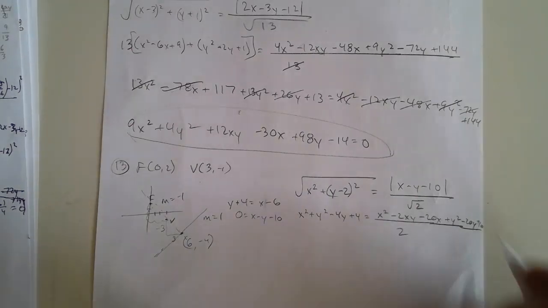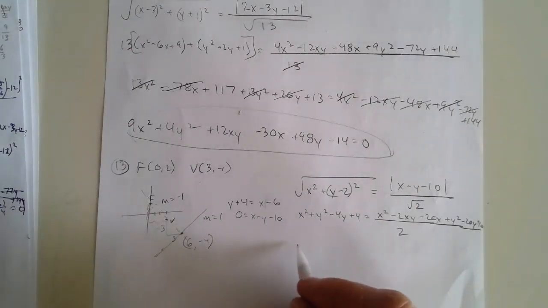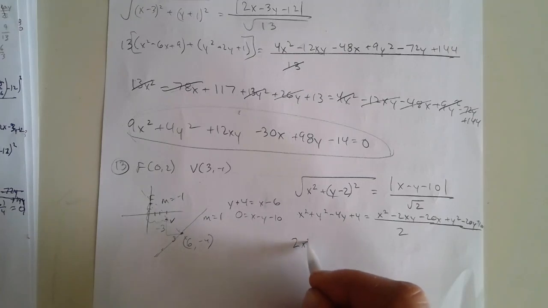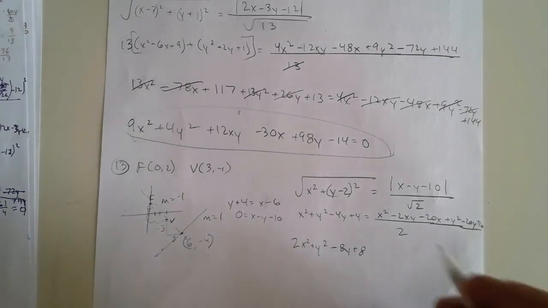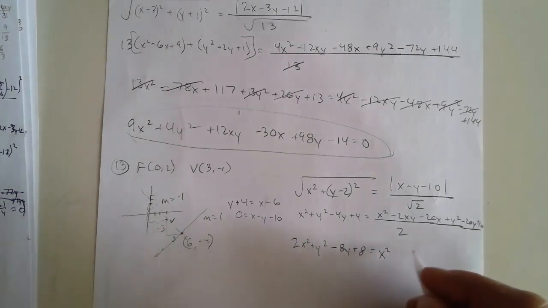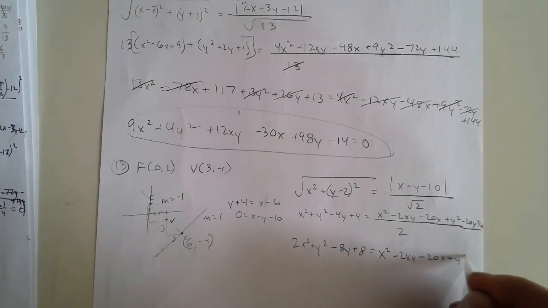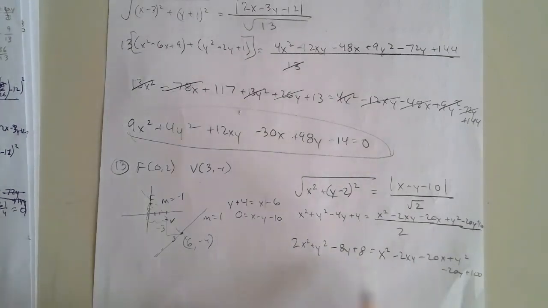Okay, good. At this point I'll multiply both sides by 2, so I don't have a fraction anymore. Sorry for running out of space. Then I'll combine like terms.